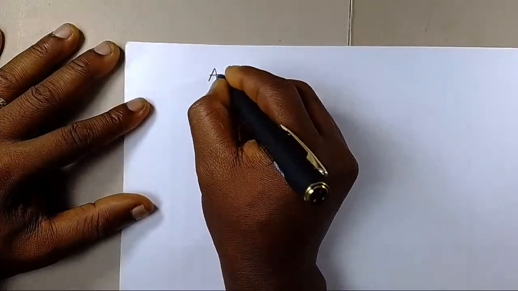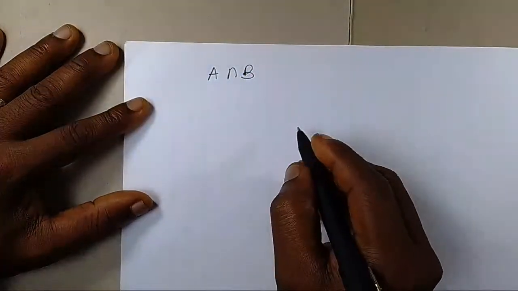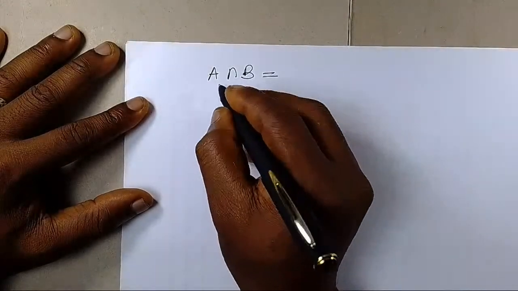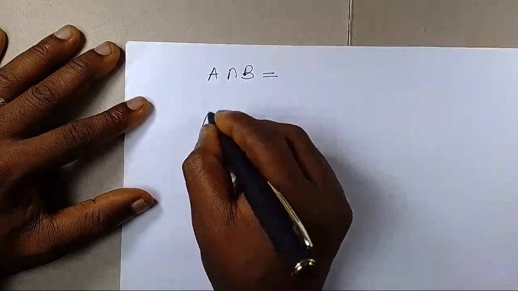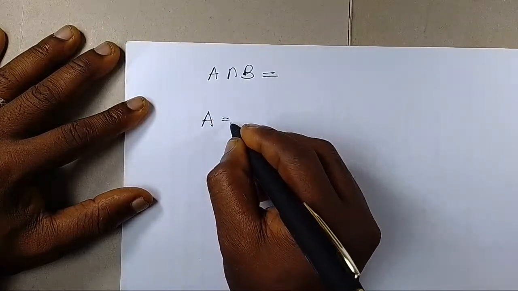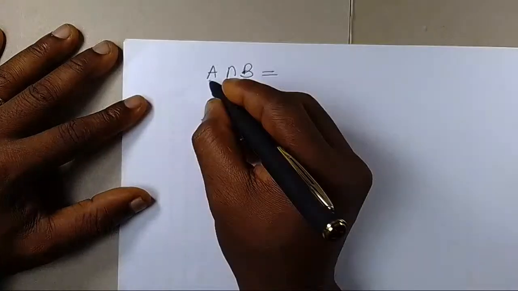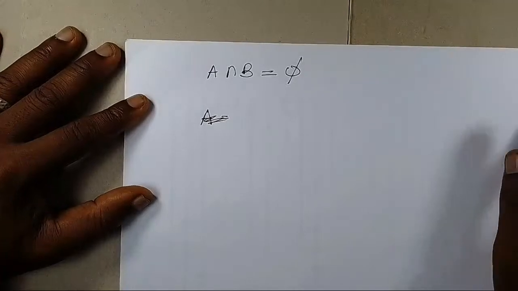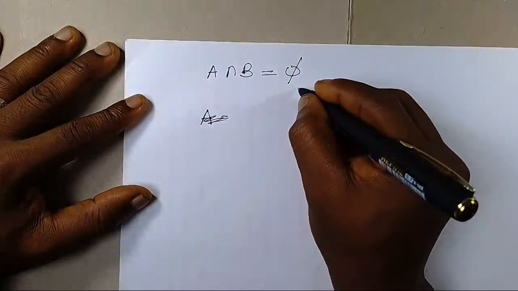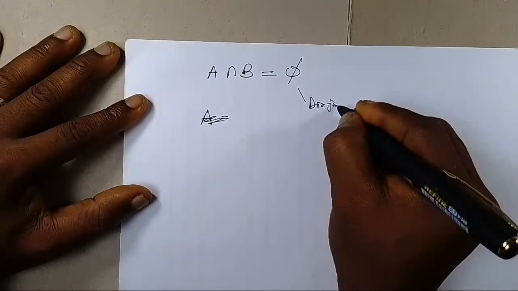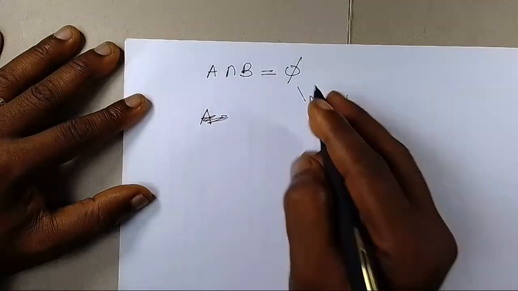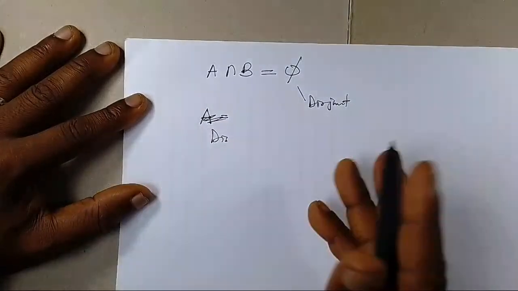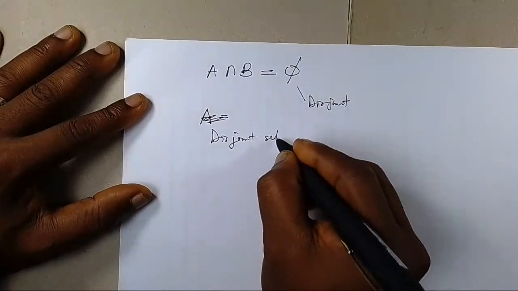So if you have A intersection B, and A has no element that B has, there is nothing common to A and B, then you would have an empty set. This would imply that A and B are disjoint. So the intersection of two sets gives rise to what we call disjoint sets.